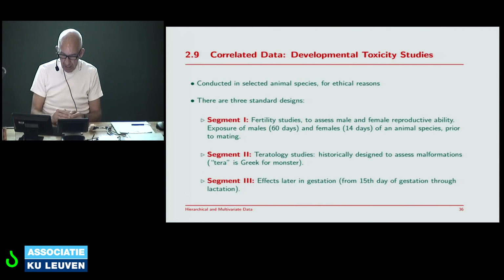Okay, and then the third example of cluster data is from an area called developmental toxicity studies. And in developmental toxicity studies, what we want to know is, during pregnancy, if a pregnant mother is exposed to toxic agents, what is the impact, the adverse effect on the growth and even the survival of the child?